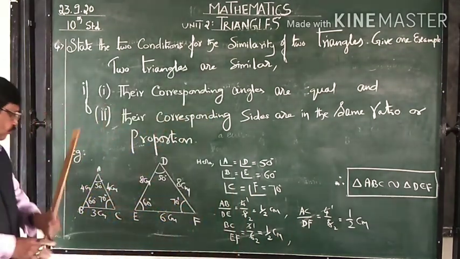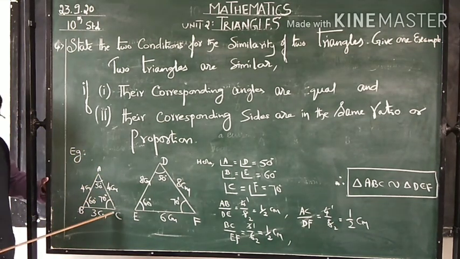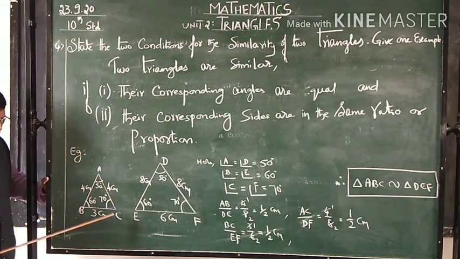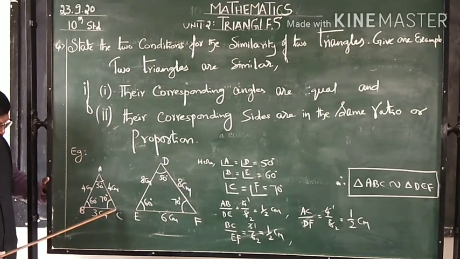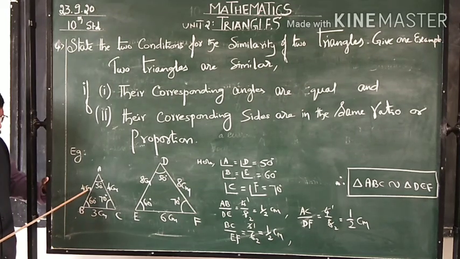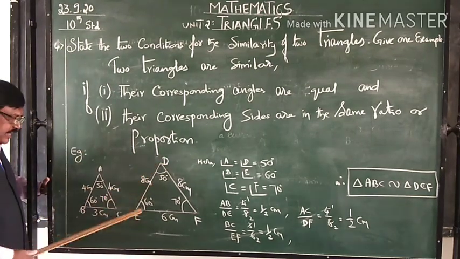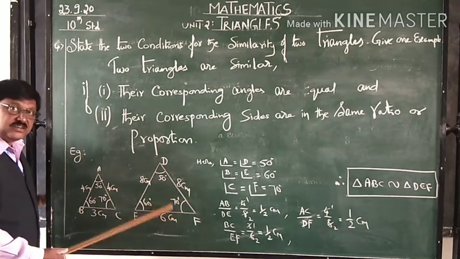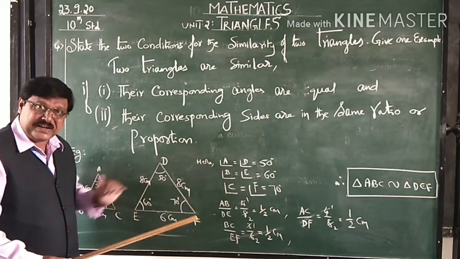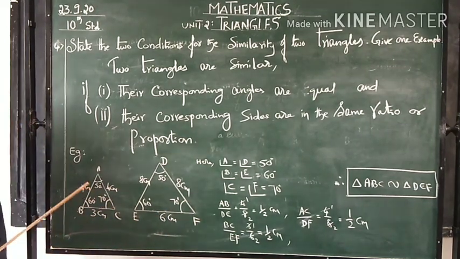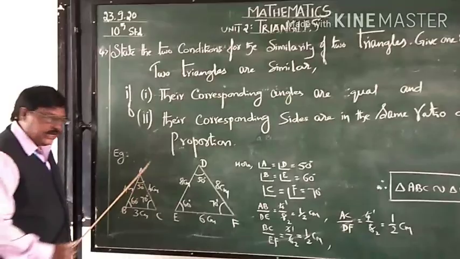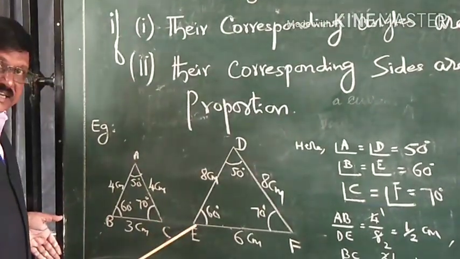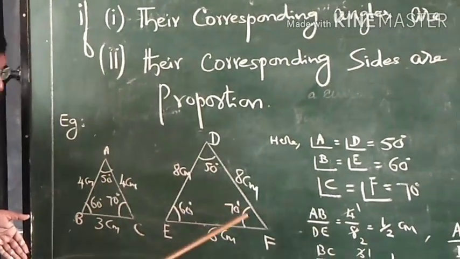See this example. In triangle ABC, AB is 4 centimeters, AC is 4 centimeters, BC is 3 centimeters. Correspondingly, DE is 8 centimeters, DF is 8 centimeters, EF is 6 centimeters, respectively. See the angles. Angle A 50 degree, angle D 50 degree, angle B 60 degree, angle E 60 degree, angle C 70, angle F 70.